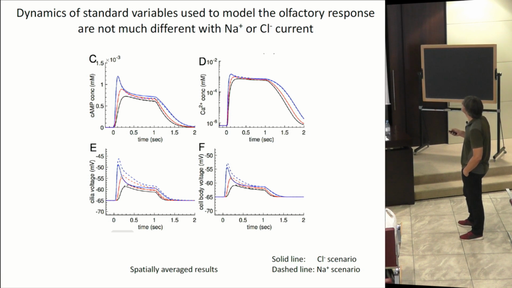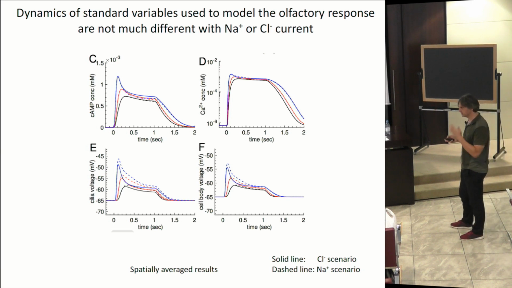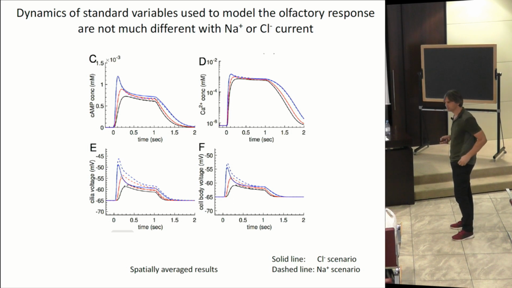If you look at the cyclic AMP concentration, calcium concentration, the cilia voltage or the cell body voltage, you don't see a big difference between both scenarios. So if you had such a model, you would say it doesn't make any difference who carries the current. This is what you would also expect from a cable model. In a cable model, it doesn't make any difference whether the current is carried by chloride or by sodium.